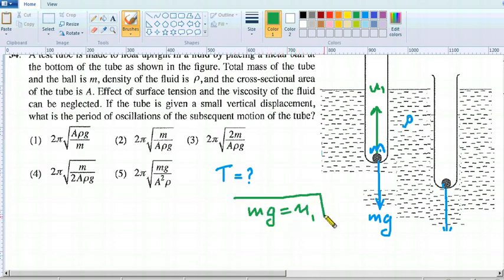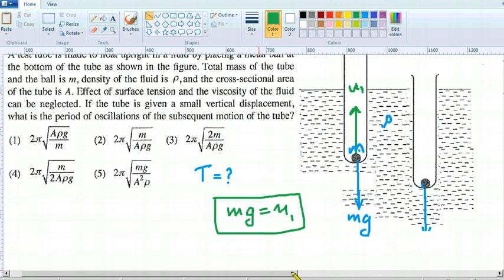This is the first equation. Anybody can write this, because I created this arrow whose length is equal to the length of the force representing the weight mg. So these two are equal. Therefore mg equals U1.